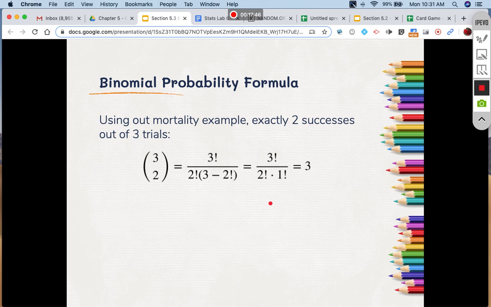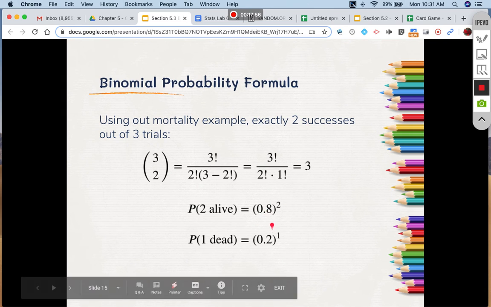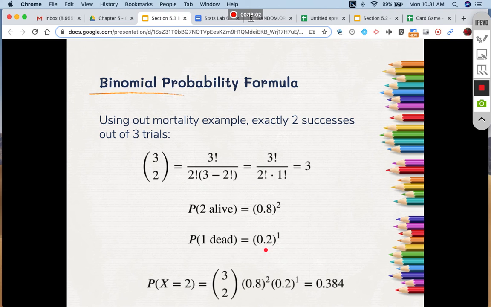For example, here I have 3 trials, 2 successes. That means that happened 3 times. So the probability of 2 alive, 1 dead is 0.8 times 0.8 times 0.2. So I get 3 choose 2 times 0.8 squared times 0.2, and that gives me my 0.384.